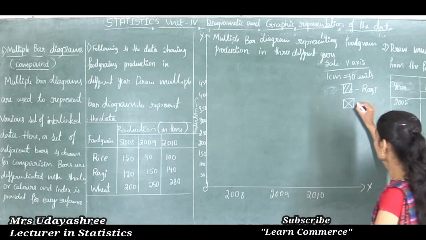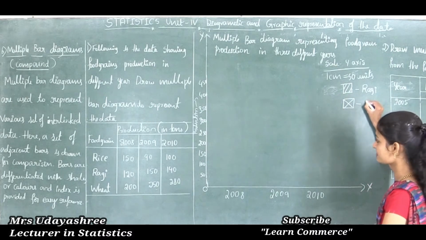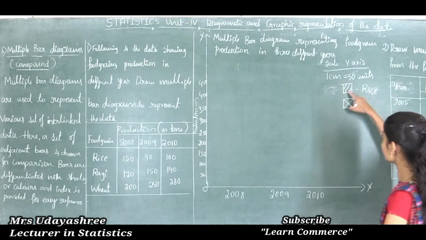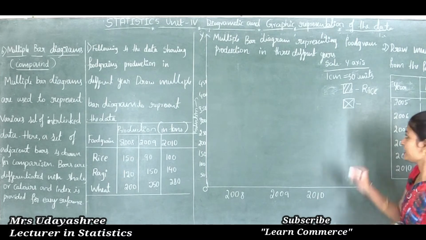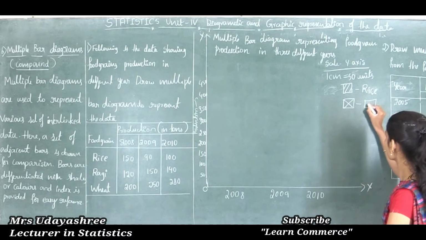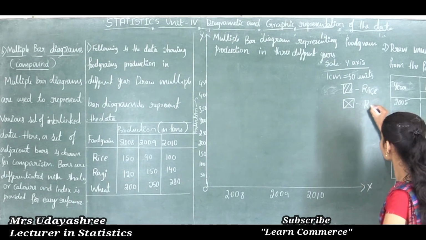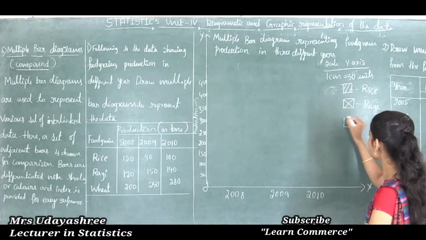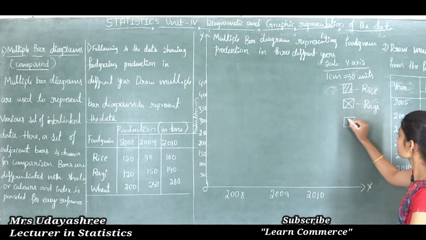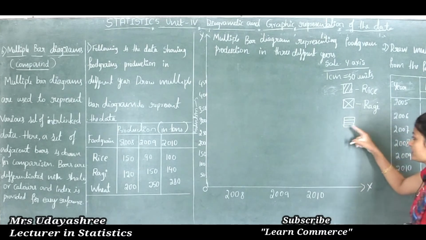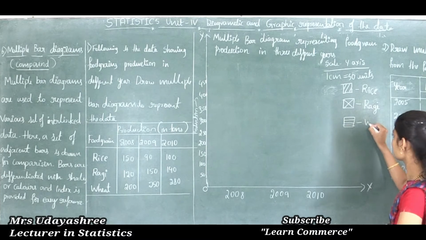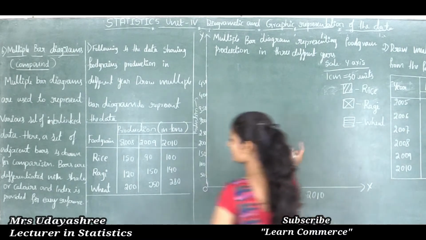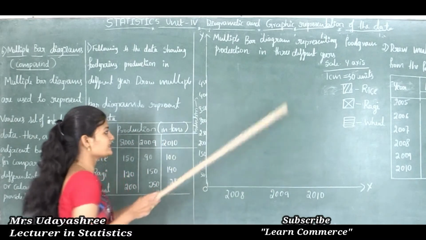The first one is rice, so this shading indicates rice, and this type of shading indicates ragi. The last one is wheat. For wheat I will do this type of shading. This type of shading indicates wheat. This index is used for easy reference.